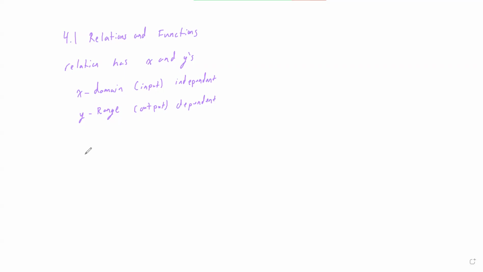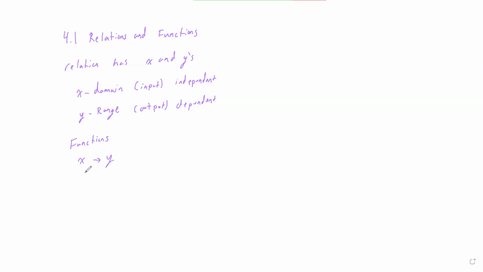Alrighty. Other than that, what else? Oh, now to be a function, there's a few things that happen. For every X value you put in, there is a unique Y value that comes out. Okay. So again, basically meaning when I plug in an X, there is a certain Y value that comes out.